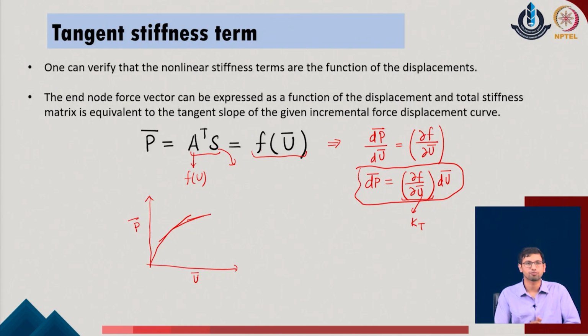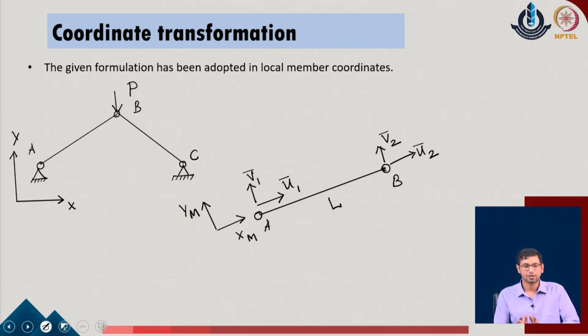So, this is the total stiffness contribution added in the given problem, and we have already seen that this is defined in the local member coordinates. Now, in order to convert from the local coordinates to the global coordinates, we understand that in a given system this is the global x coordinate, and this is the member which was defined in the local coordinate.